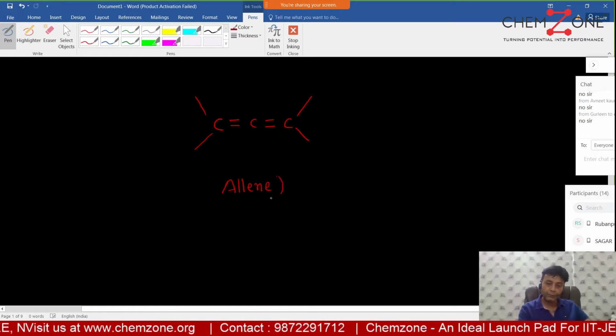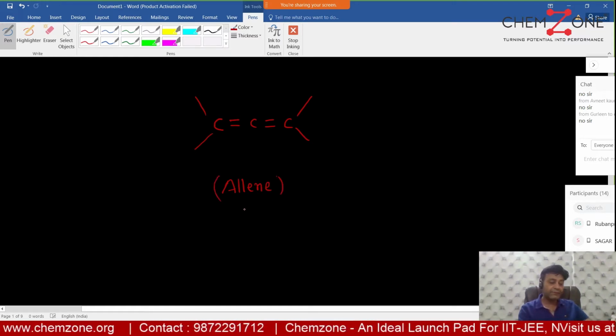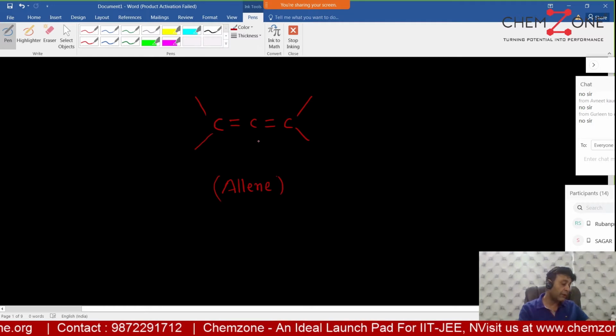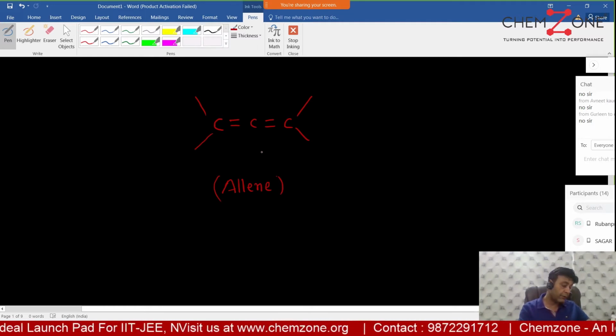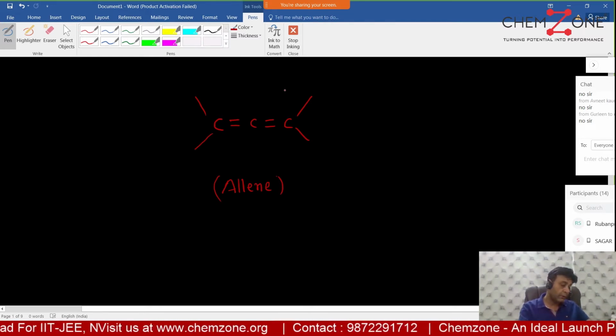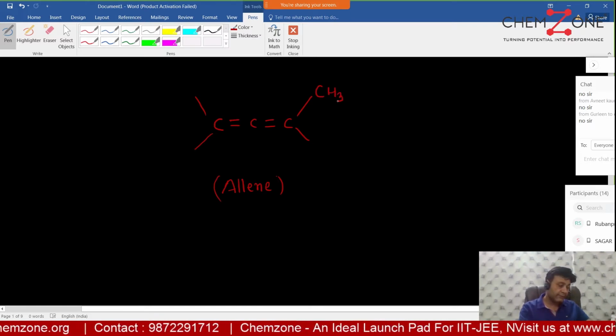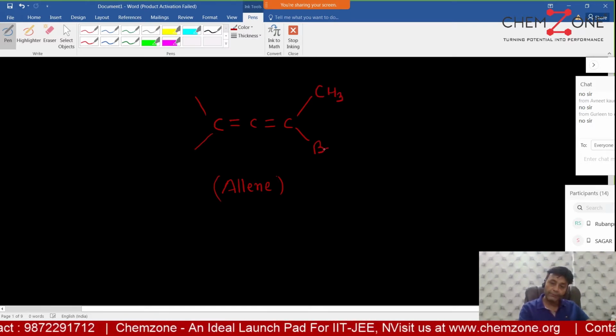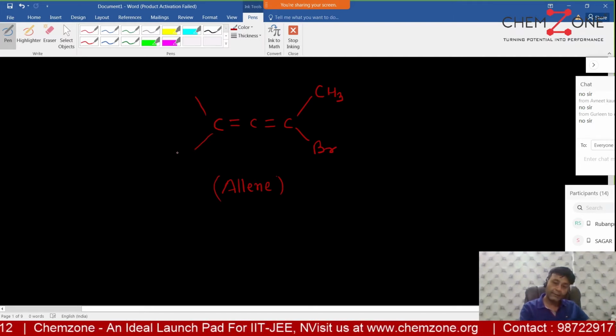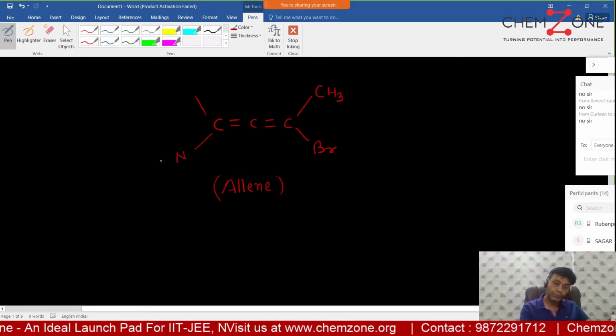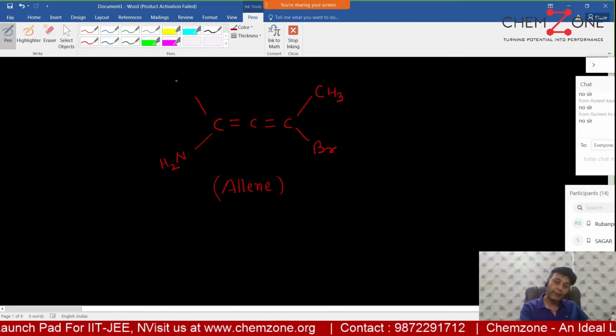Allenes are those compounds in which a carbon is bonded to two other carbon atoms with double bonds, right? And here this is a methyl, a bromine here, it is NH2, it is a Cl here.